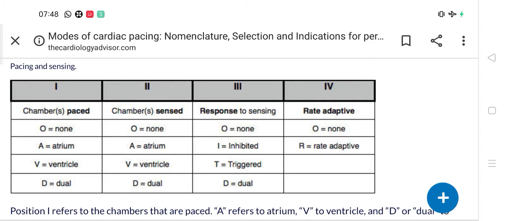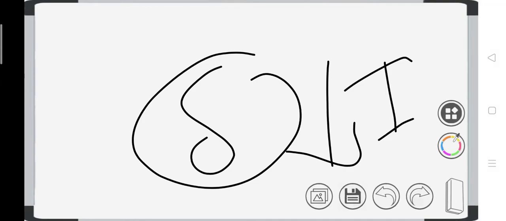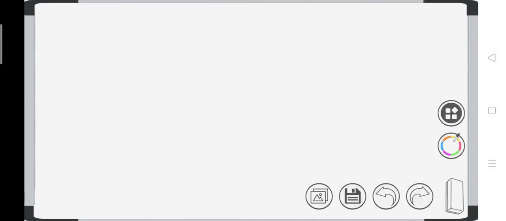When no sensed atrial or ventricular activity is coming, the chamber will get paced. Otherwise, if atrial or ventricular activity is sensed, the response to sensing is inhibition. So now we will go with the usual nomenclature and the modes we use. The most common mode we use is the VVI.